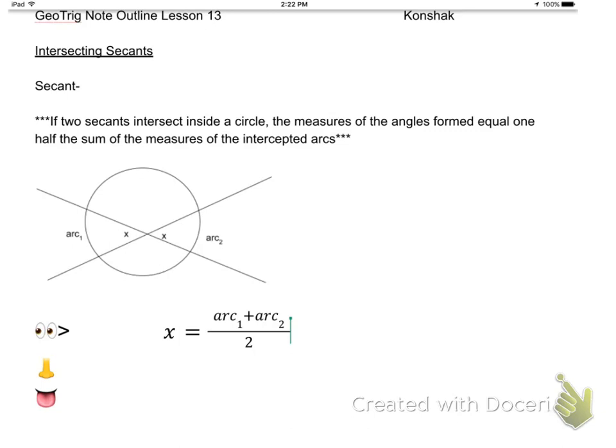It's different than a chord. A line that intersects a circle at 2 points. Okay, it's a line that intersects a circle at 2 points, and I just realized I wrote that in the wrong spot, but we will fix that.